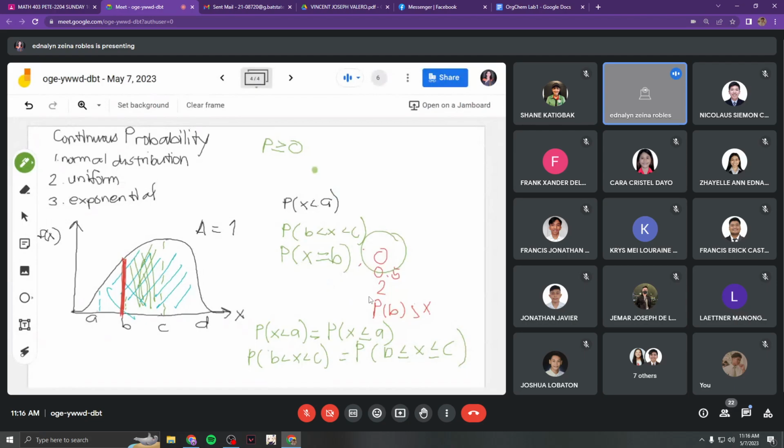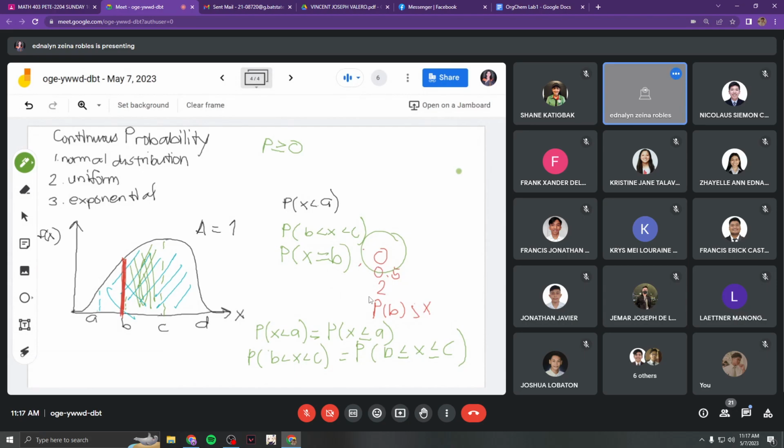So remember that if we want to get the probability, we consider the starting and the end point. We should have range. So that is in continuous normal distribution. So if we want us to get the probability, just get the area of the shaded region or just get the area of our range.